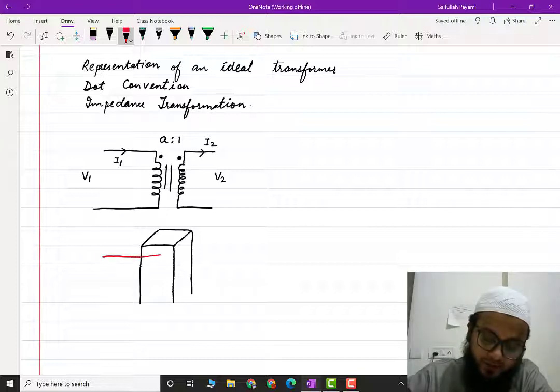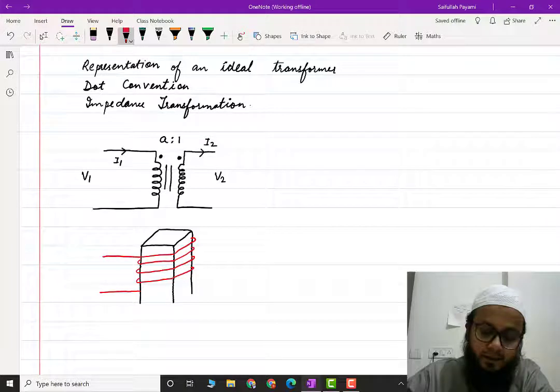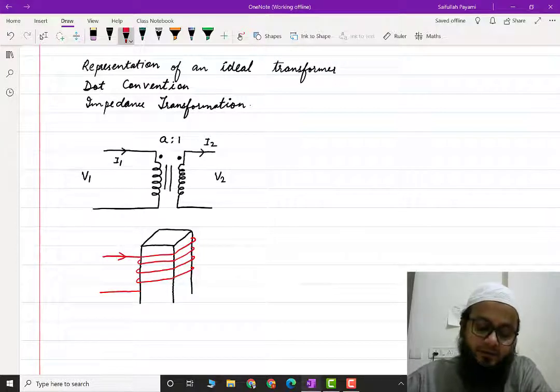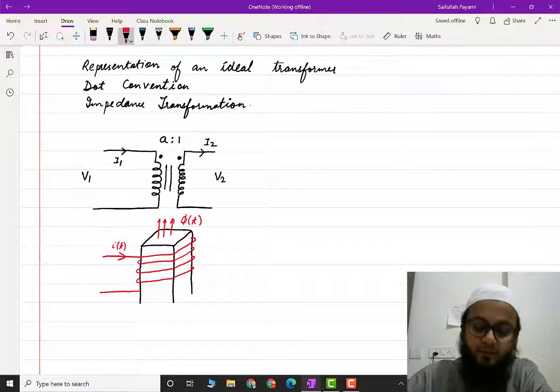From the front it goes to the back side, and from the back side it comes here, and again goes to the back side. Let's say current is entering here. Then the flux line will come out in this direction. So if the current is increasing in this direction, the flux would also be increasing in this direction.